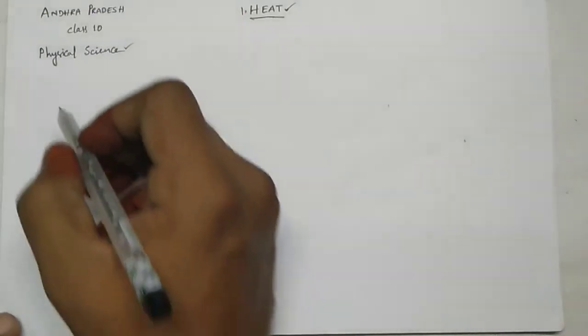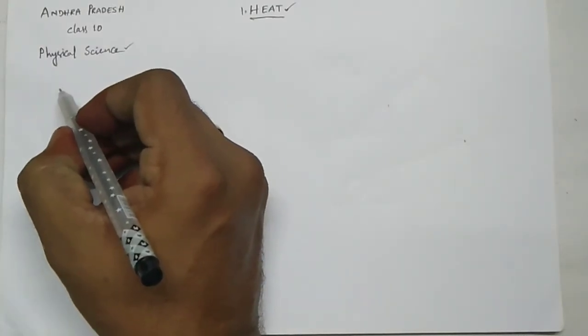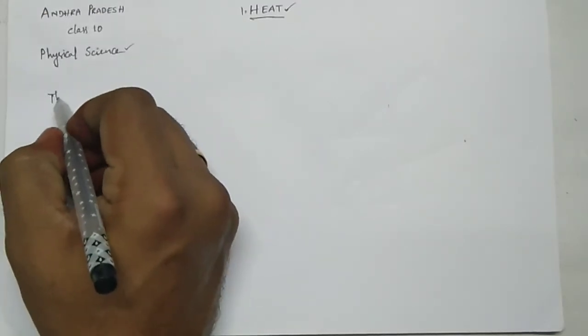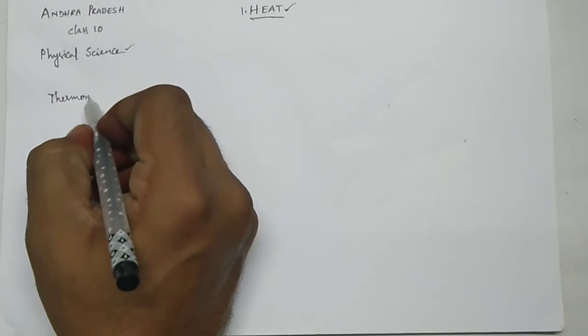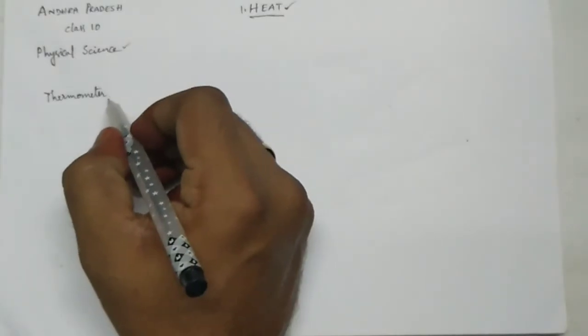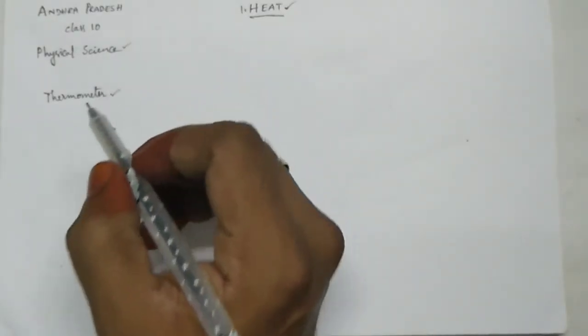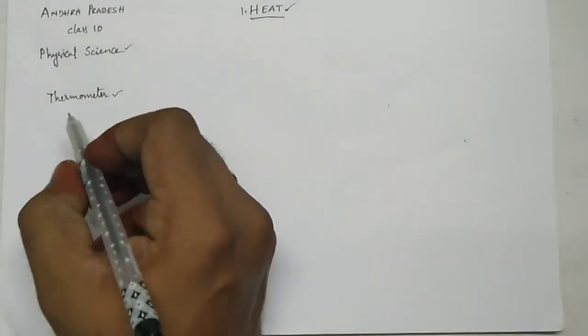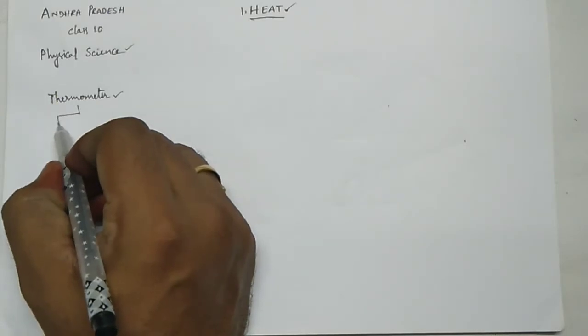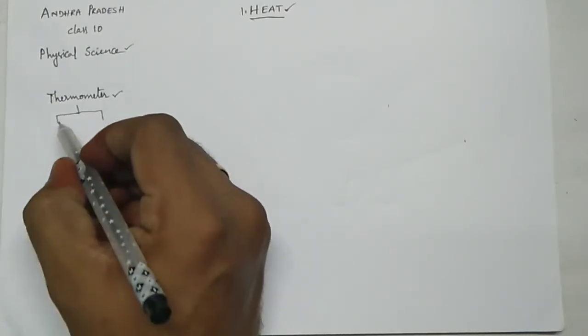In your previous classes, we studied a few things about heat. We measure the temperature with the help of a thermometer. A thermometer is an instrument to measure the temperature, and we know that thermometers are of two types basically.